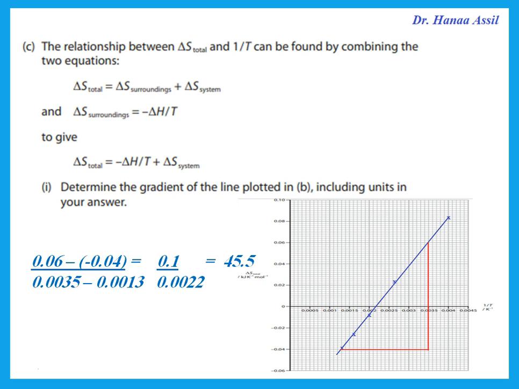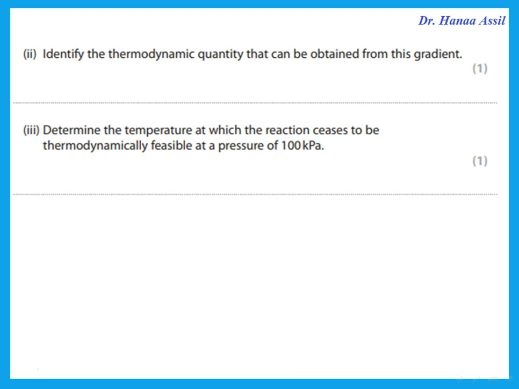This gives me a certain number, and now he's saying identify the thermodynamic quantity that can be obtained from this gradient. The gradient will actually be minus delta H of reaction, or it will give you the enthalpy change of reaction. Determine the temperature at which the reaction ceases to be thermodynamically feasible.